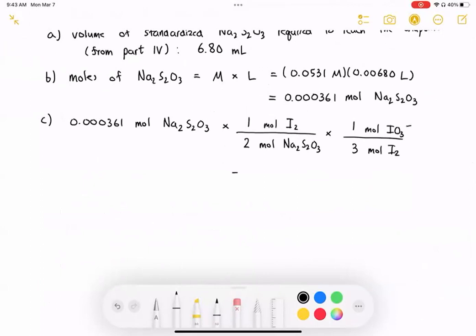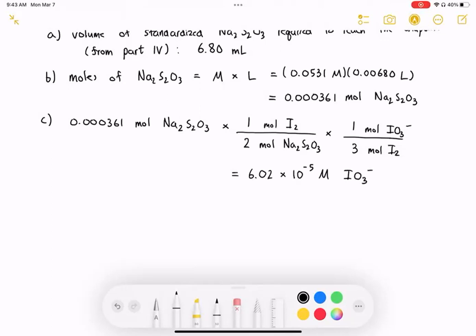If we solve for this, we just divide the number by 6, and we get 6.02 times 10 to the negative 5 moles iodate.